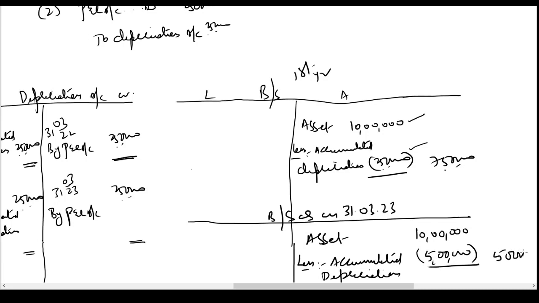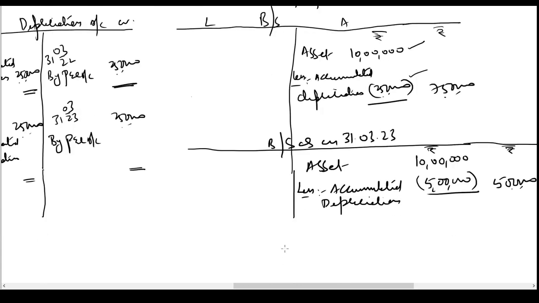The WDV, the written down value, would be 5 lakh rupees, in the inner column and the outer column. So this is how we show it in the balance sheet on 31st March 23.